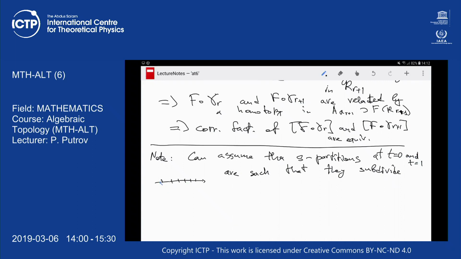So the subdivision of the lower and upper edge are such that they subdivide the partitions used in the construction of factorizations.